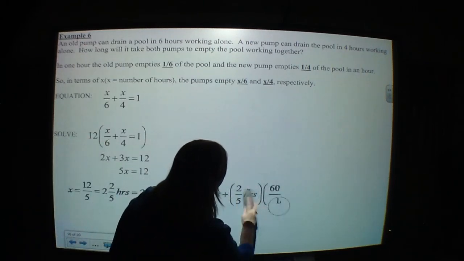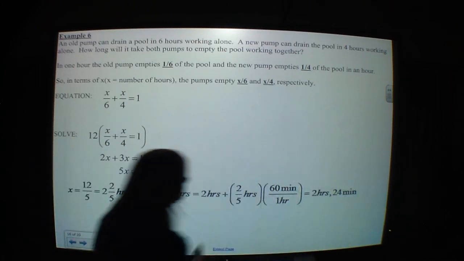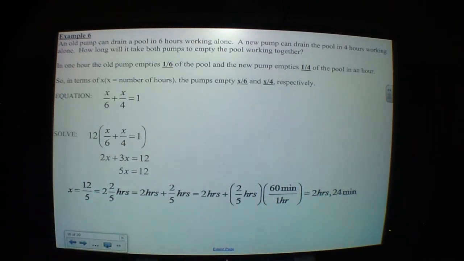Or 2/5 of an hour changing to minutes is 2 hours and 24 minutes. Because the 2/5 hours, if you multiply it by 60 minutes over 1 hour, the hour cancels out, and you'll have 24 minutes. So 2 hours and 24 minutes.